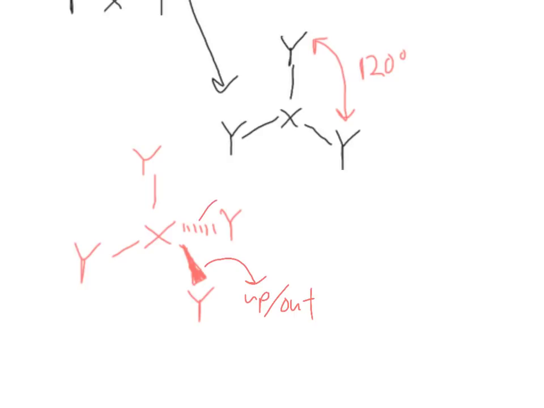The dash is going down into the paper or the screen. So the wedge is coming out, the dash is going in. So what does that look like in 3 dimensions? I'm going to switch over to the video and try to show a model of this.